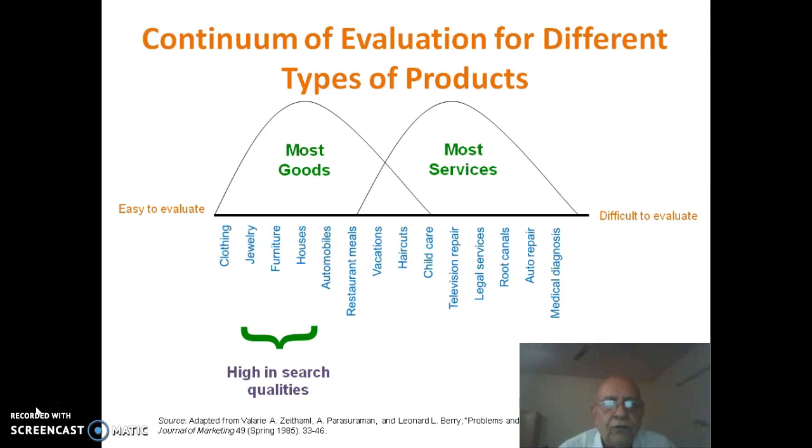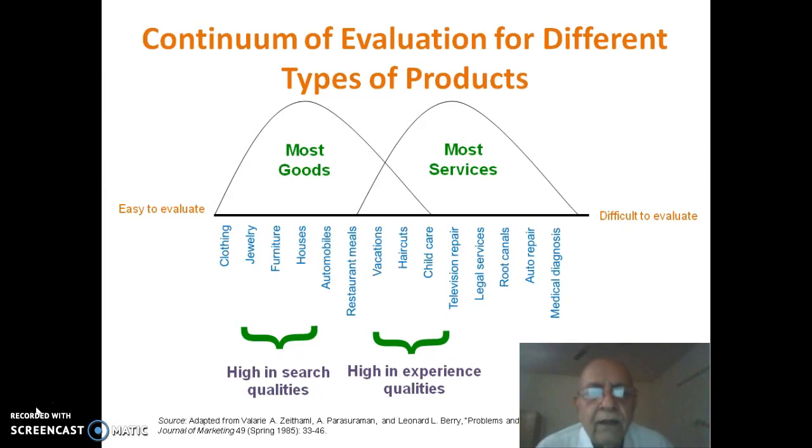Now, moving on to the second class of products, we have vacations, haircuts, childcare, television repair. All these would require a little more than merely searching. Merely searching for the product will not give us enough information to say whether this product is something that we would accept or not.